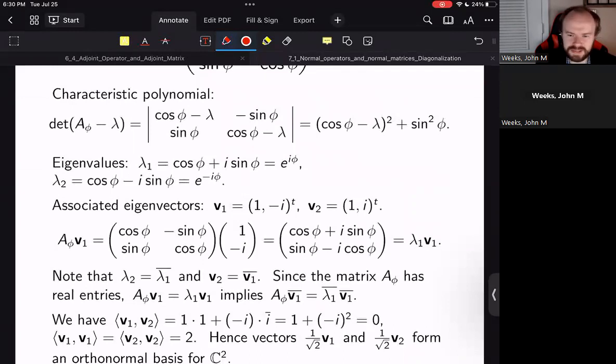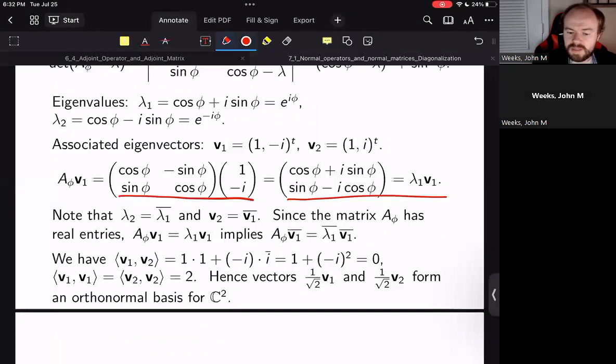And we can note a few things here as well. So here's A sub phi times v sub 1, which has these values right here. And we see in this calculation down here that this last thing is equal to lambda 1 times v1, which comes from lambda 1 being this eigenvalue right here.